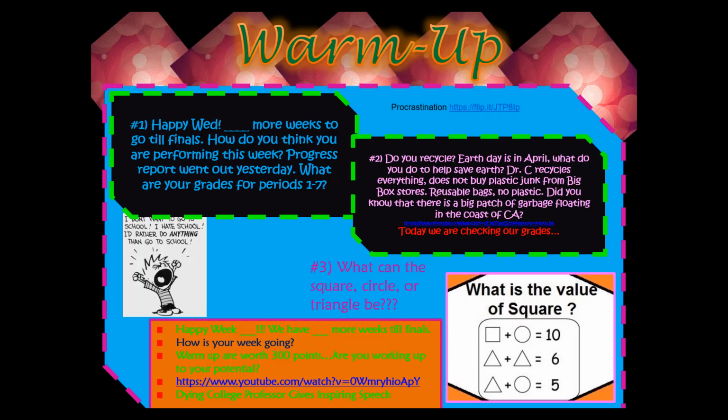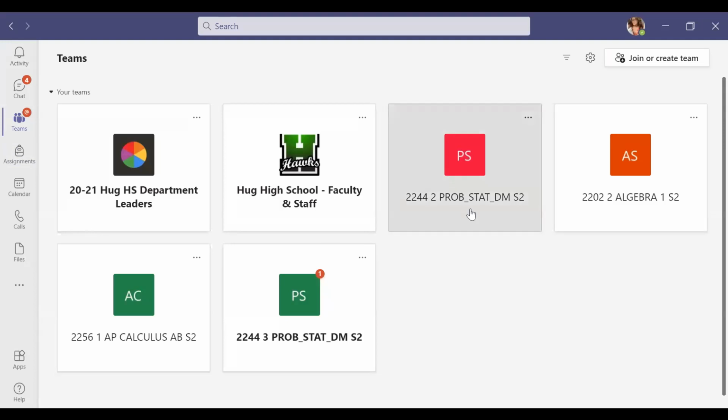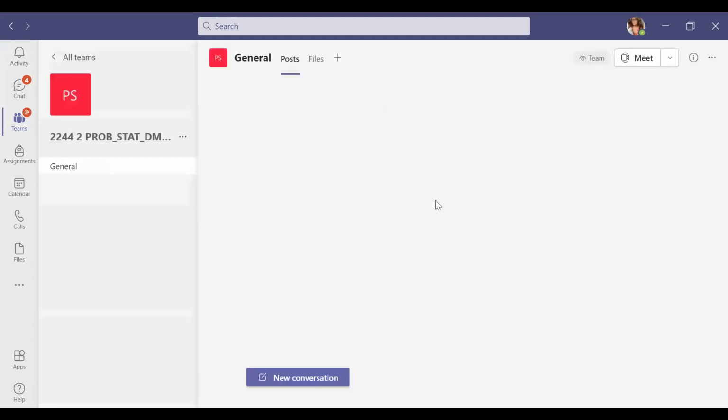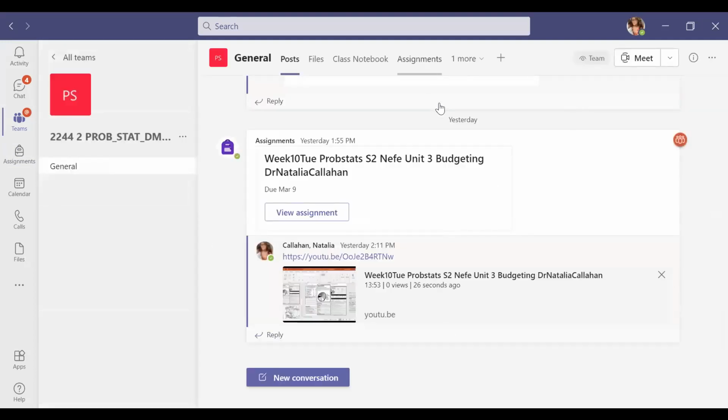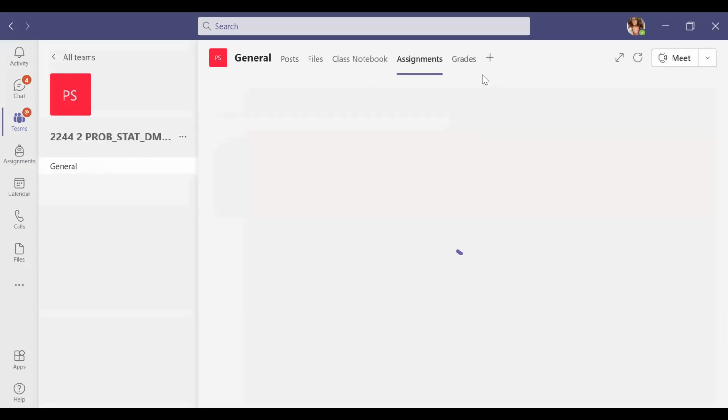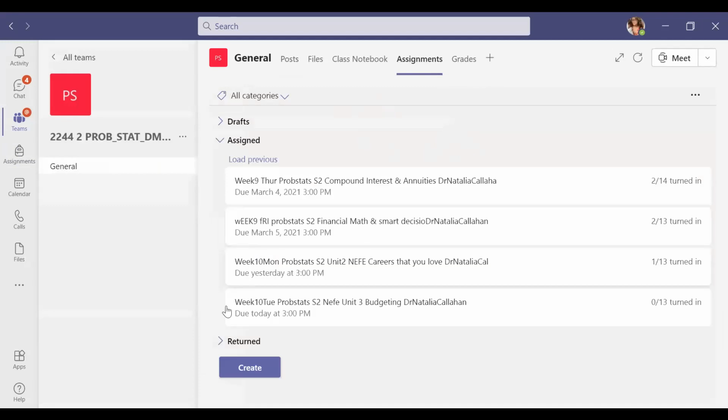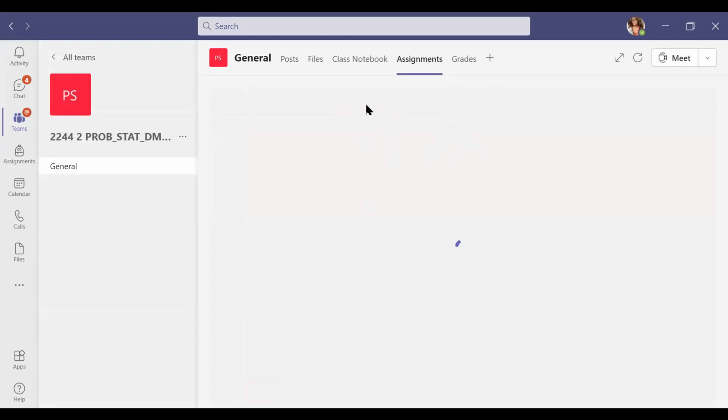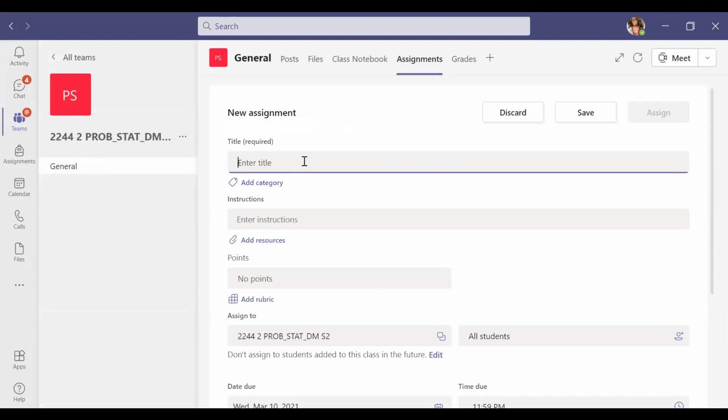All right, let's go ahead and start the assignment for today so that you have that available. For Probstats, we are going to go to assignment and create. Keep in mind that if you're not uploading your assignment for the online days, your grade will be negatively impacted.